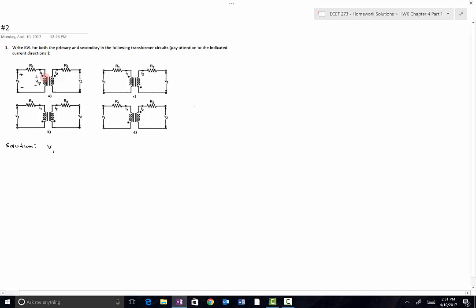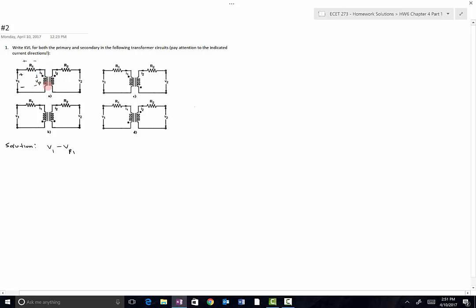And then I can see that I1 is flowing into this resistor, so that's positive there and minus there in terms of the voltage drop across that resistor, so that's minus VR1. And then again, I've defined the polarity of the voltage across the primary as positive where the current enters the terminal there.